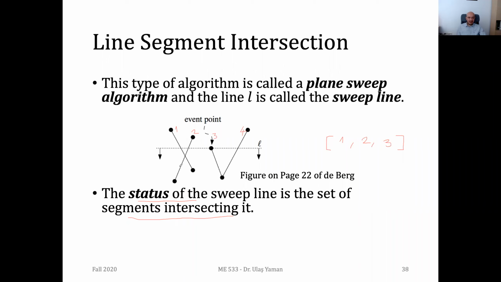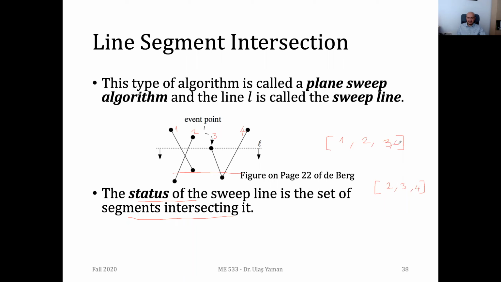But at that point, let me draw another one here. What will be the status now? It is 2, 3, and 4, right? I'm sorry, actually, this one, we also need to have 4 here.